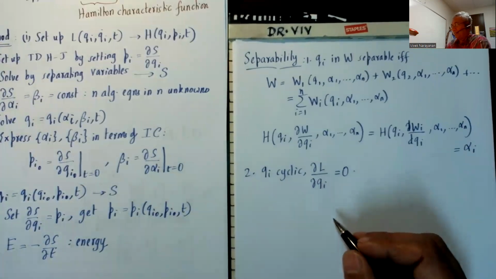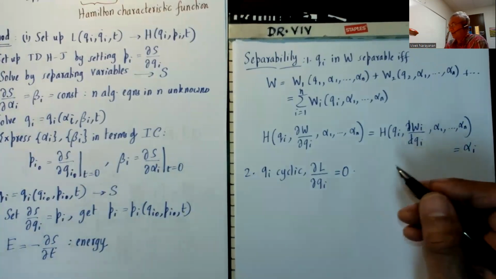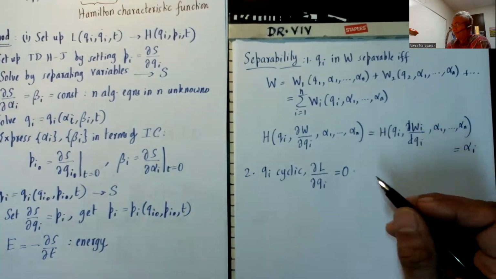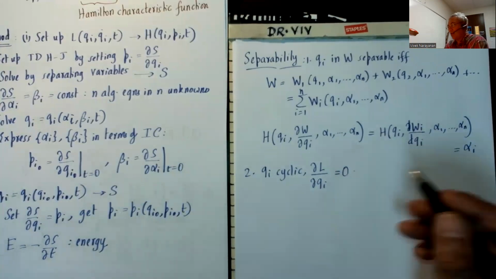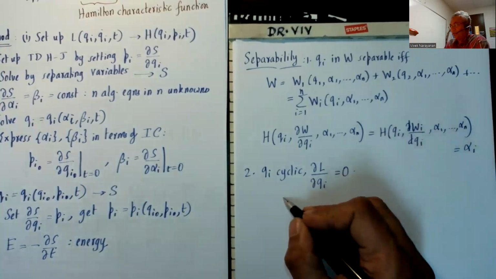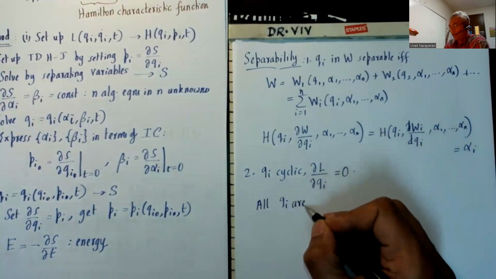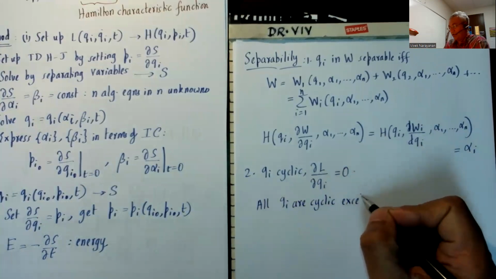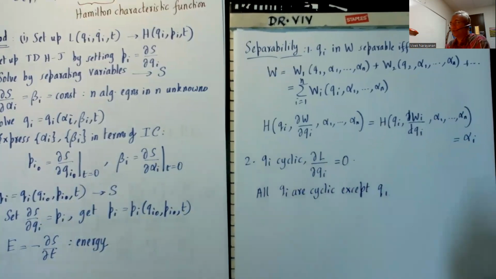So let's just say that you have just one coordinate that's non-cyclic. So let's say that all Qi are cyclic except Q1. Let's say Q1 is non-cyclic.